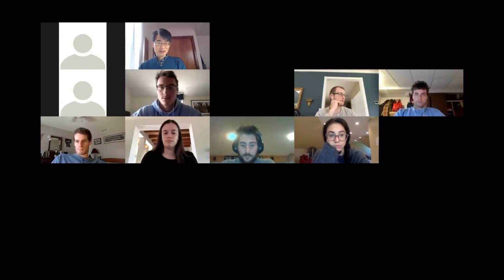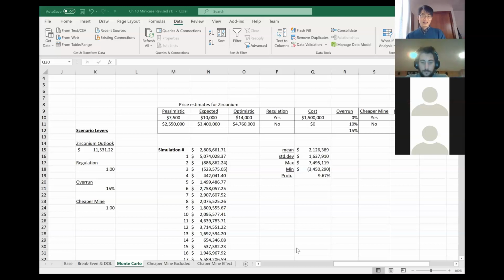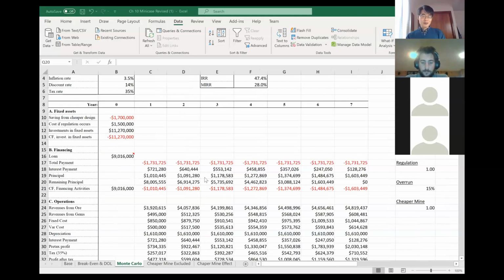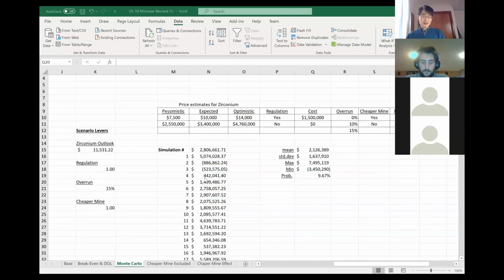So let me go back to this one. One of the students actually pointed out that out of these 4 variables, zirconium outlook, regulation, cost overrun, and mine design, the mine design actually is not a random variable. Because mine design is something that the company can choose, while all the other variables are things that the company cannot really control.